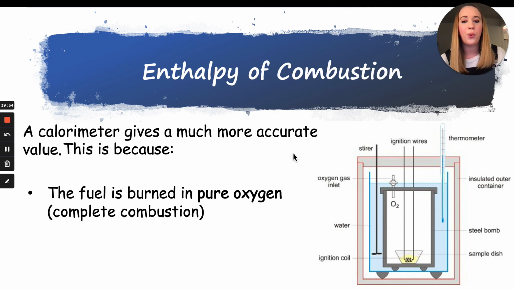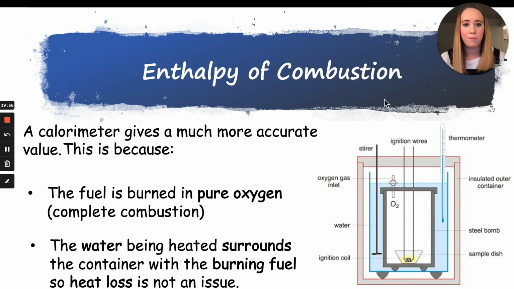So both of those features mean we get a much more accurate value. So we're using pure oxygen, meaning that we get complete combustion instead of incomplete, and we've surrounded the fuel with the water that we're trying to heat up, so we're not having any issues with heat loss.